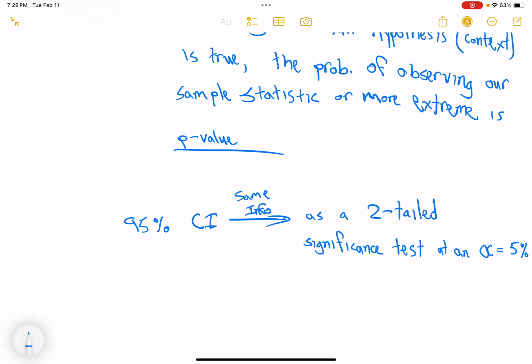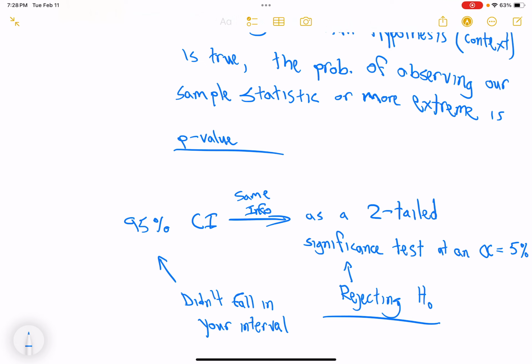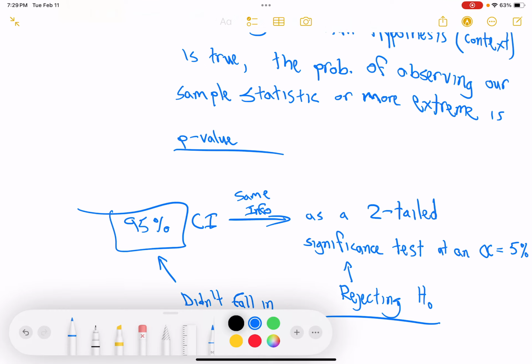Well, if you are rejecting the null in this significance test, it is because the value you got in your sample data didn't fall in your interval. So if it fell below the 5% marker, that means it did so on both sides if it's a two-tailed test, and therefore it fell outside of your 95% confidence interval. So that's just something I want you to keep in mind.